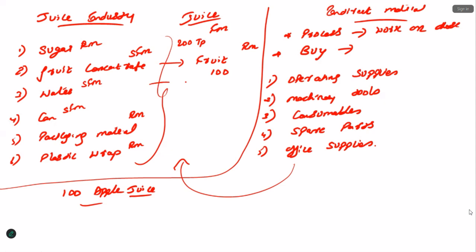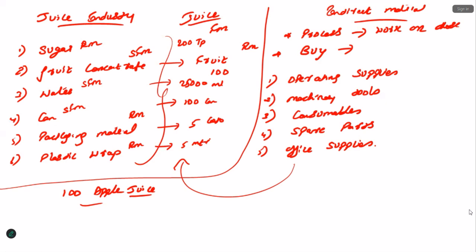Per juice, you put 250 ml of water, so 25,000 ml of water. You need 100 cans. In one carton box you pack 20, so you need 5 carton boxes. Plastic wrap, you need 5 meters.